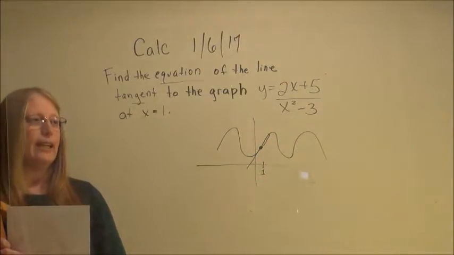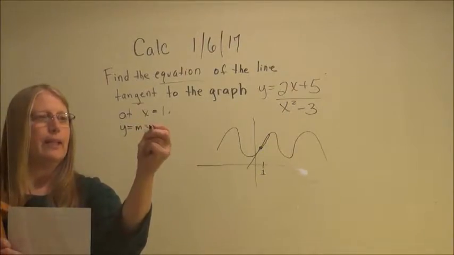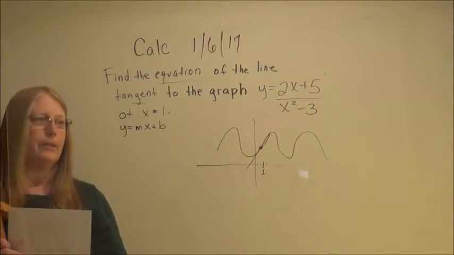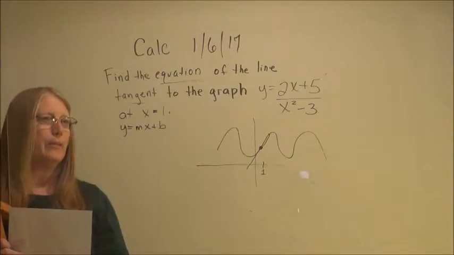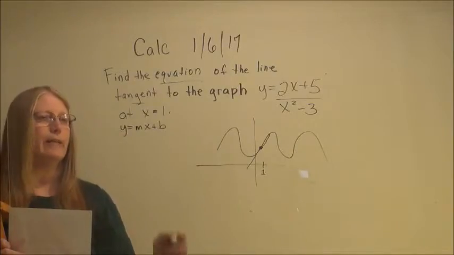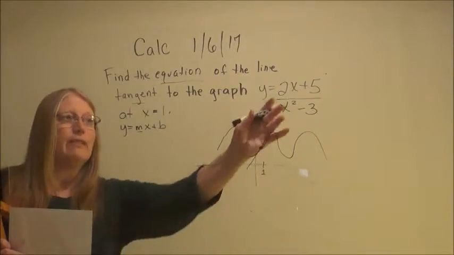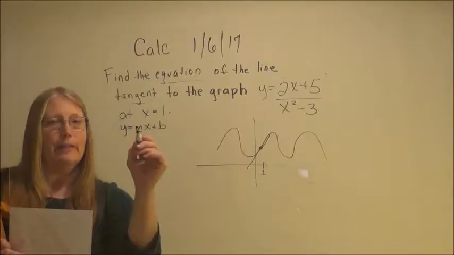It's a straight line, so y equals mx plus b is an old friend that will help us with the equation of any straight line. We need to find m. So let's take the derivative of this function, evaluate it at 1, and that will be our value for m.